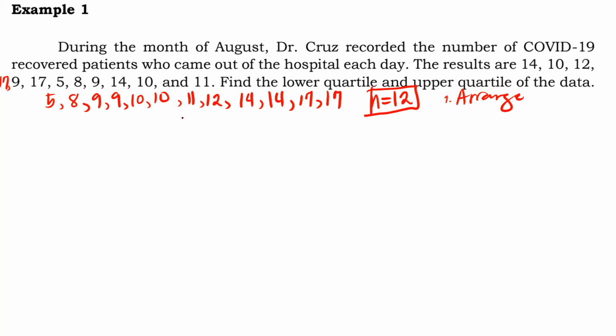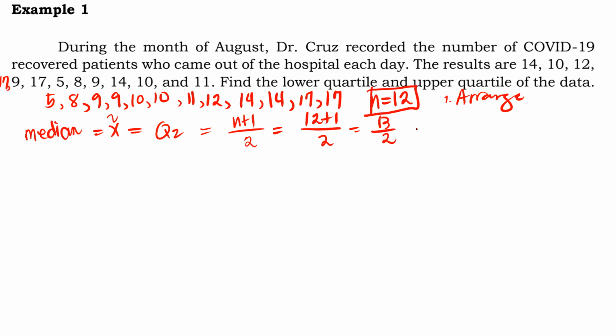As you can remember, pag kinukuha natin yung median, o kaya naman yung Q sub 2, pareho lang naman yan. We have n plus 1 divided by 2. Ang n natin ay 12 plus 1 divided by 2. So that's 13, right? Divided by 2. What is 13 divided by 2? That is equal to 6.5.